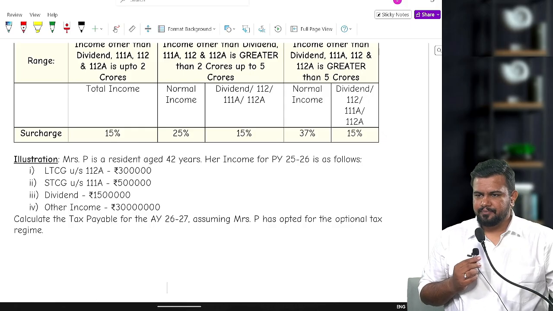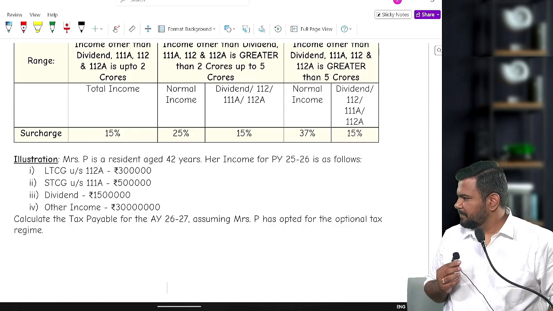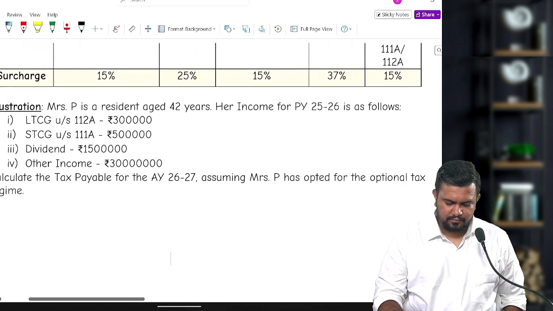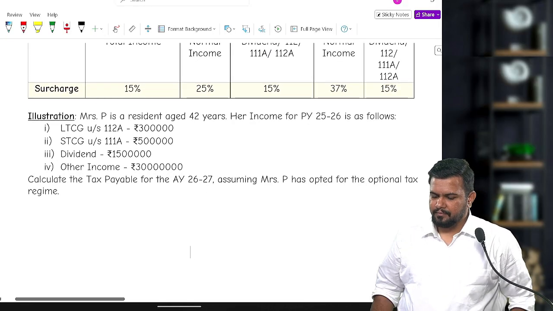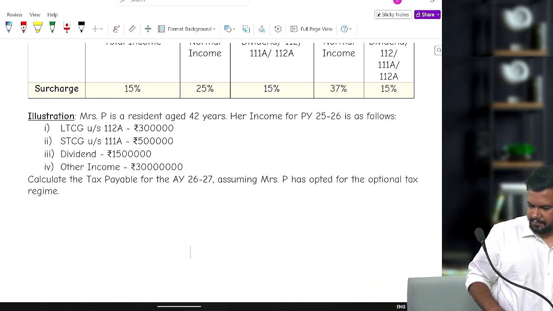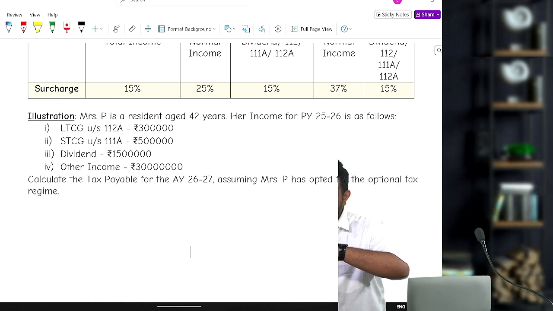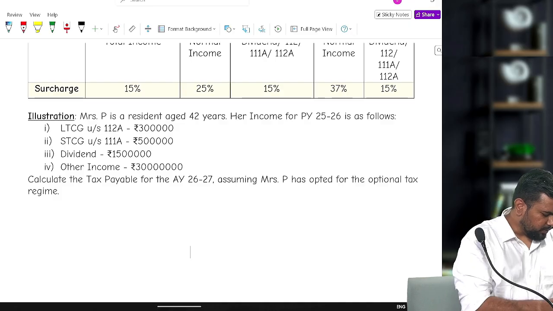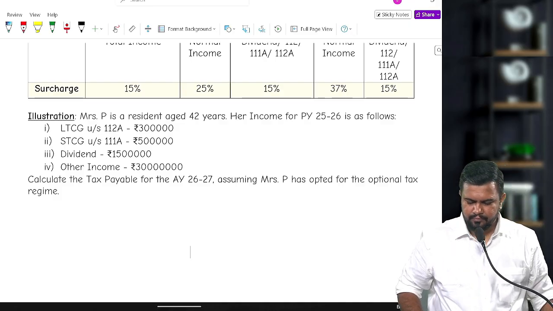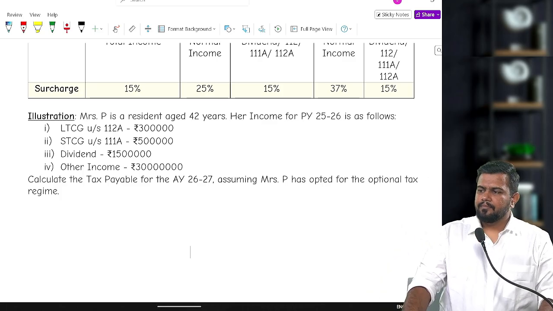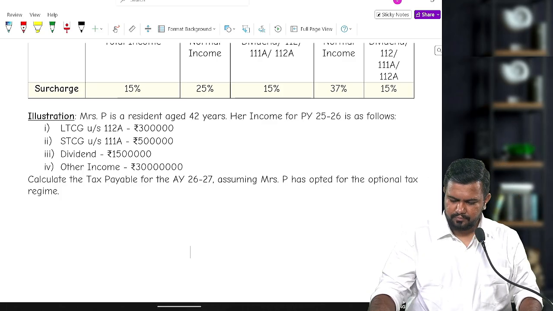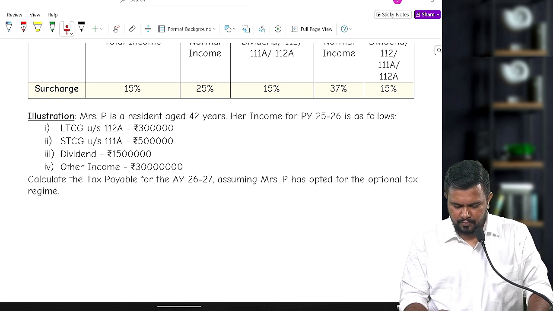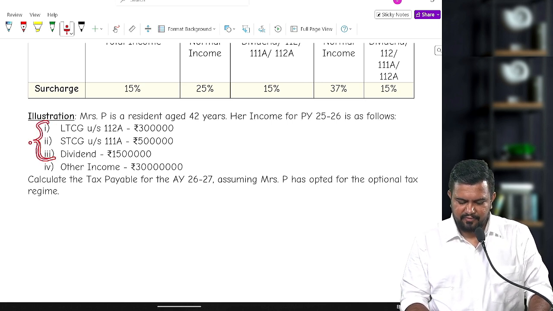You need not see the presentation and all. Just if you are able to get the answer, that is enough. On the first three incomes, the maximum limit is 15% on surcharge.